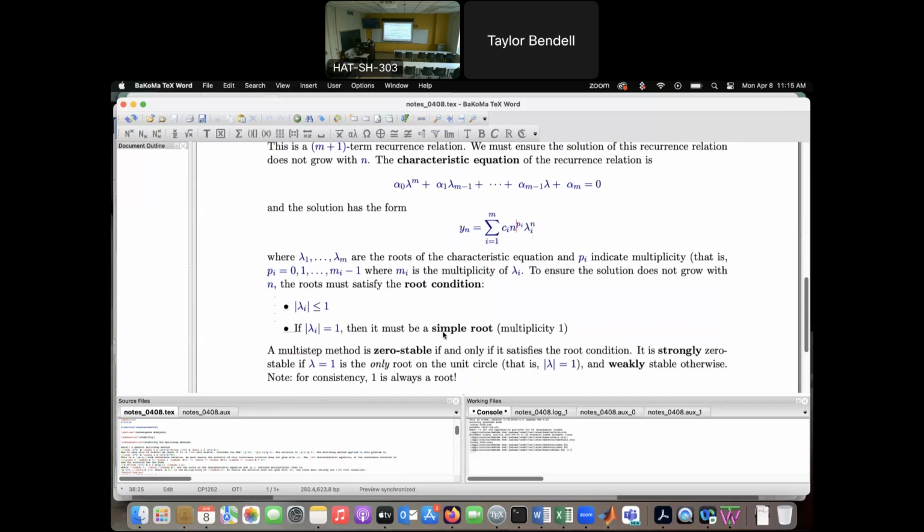So if these conditions are satisfied by the roots of your characteristic equation, then we say that your multi-step method is zero stable.